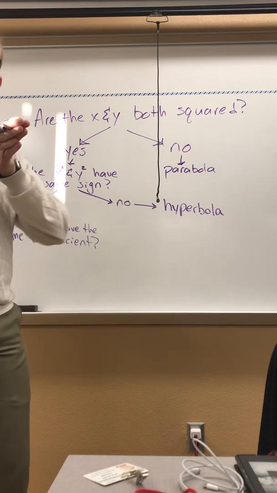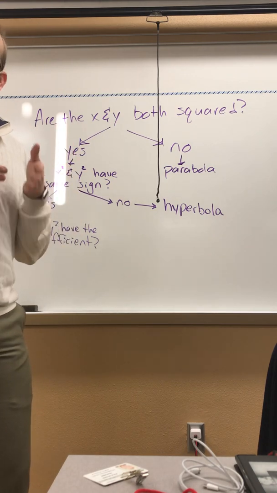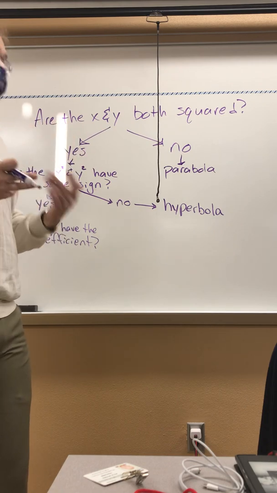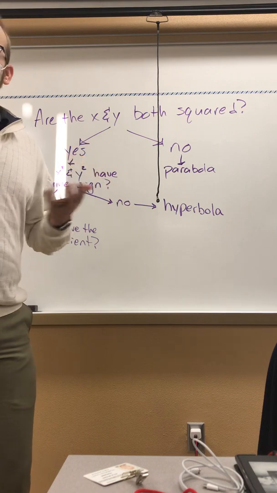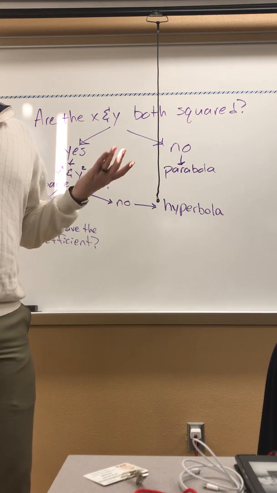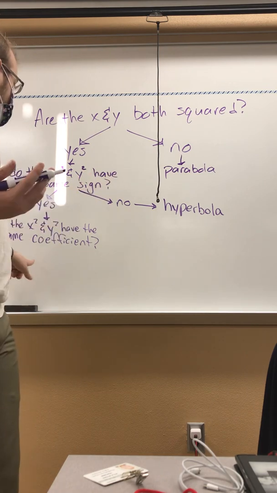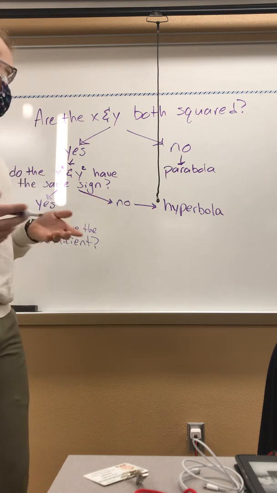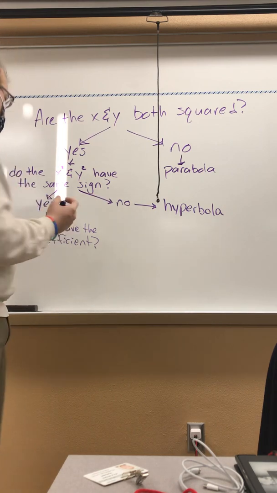The number that is immediately to the left of the x and y squared, that is multiplied by the x and y squared. So if that number is, let's say it's 2x squared and 3y squared, then you don't have the same coefficient. If they're both 2's or both 5's or whatever, then they do have the same coefficient.